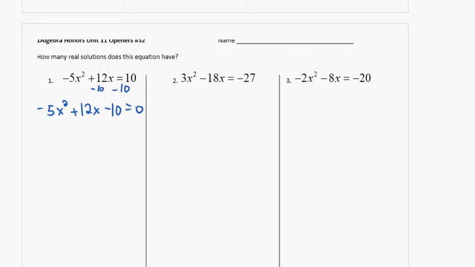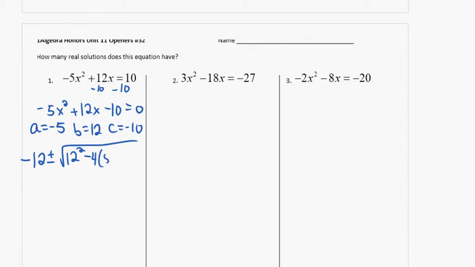Now it is a quadratic equation, so I can apply the quadratic formula. A is negative 5, B is 12, C is negative 10. Minus b plus and minus the square root of b squared minus 4 times a times c, all over 2 times my a value, is equal to x.